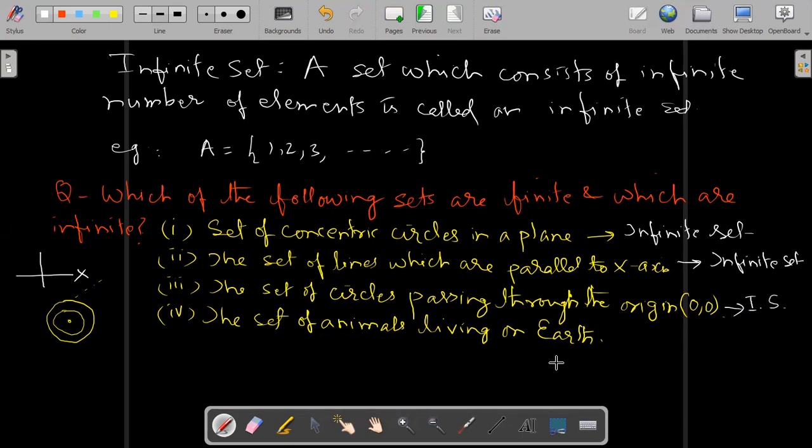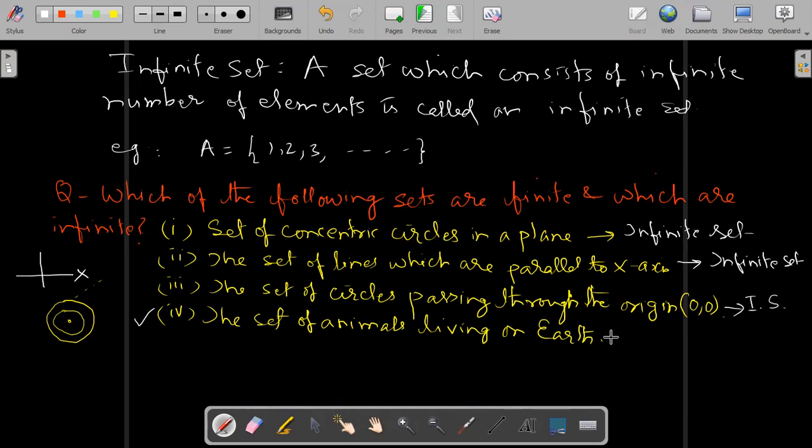What about this? A set of animals. That is the main thing. What do you say about question number 4? Set of animals. Some are saying infinite, some are saying finite. It is a finite set.